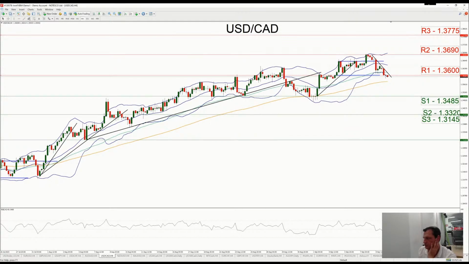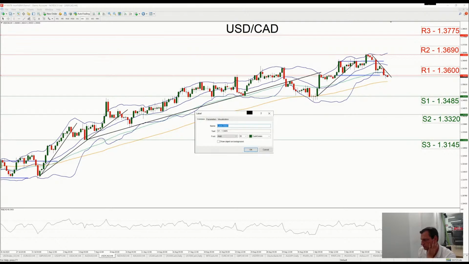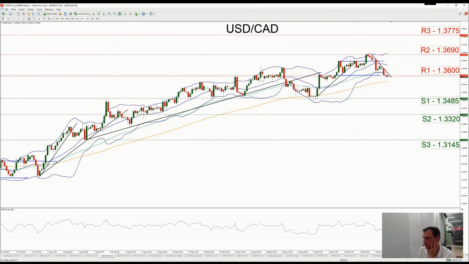Let's have a look at the S1, S2, S3. $1.35 for the S1.